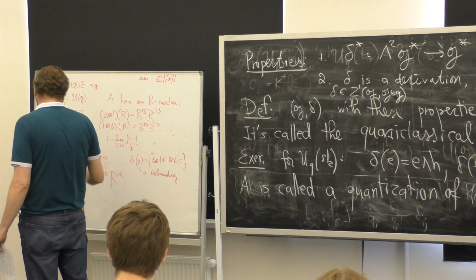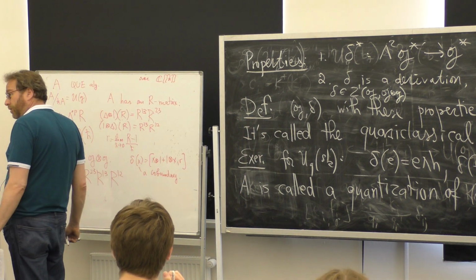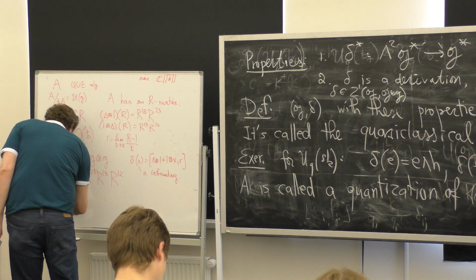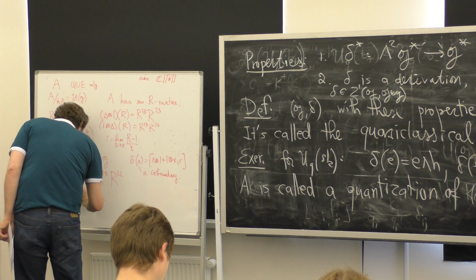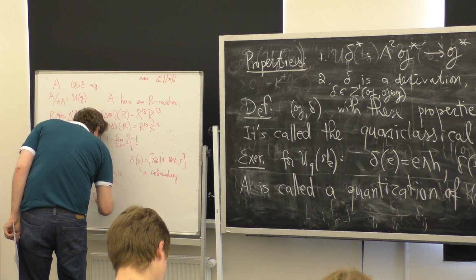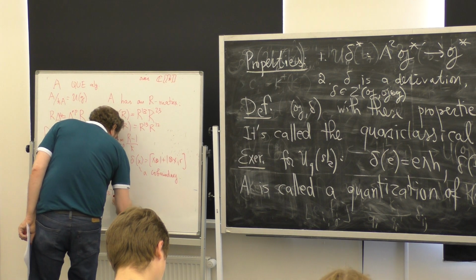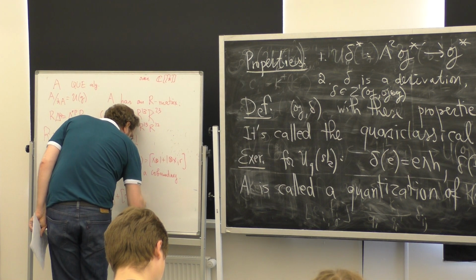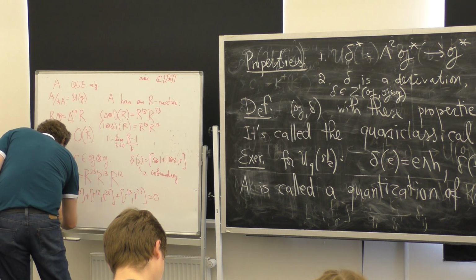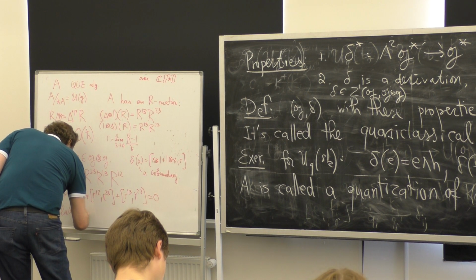And the only interesting information will start with h squared order. And in h squared order, you will get the following equation: little r12 commutator with r13 plus r12 with r23 plus r13 with r23 equals 0. And this is called the classical Yang-Baxter equation.